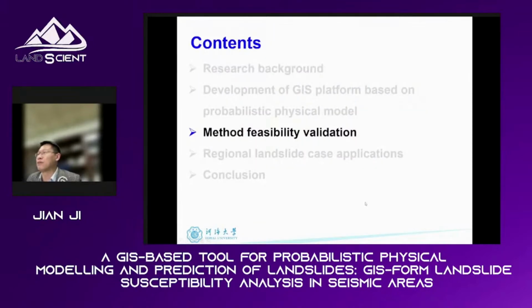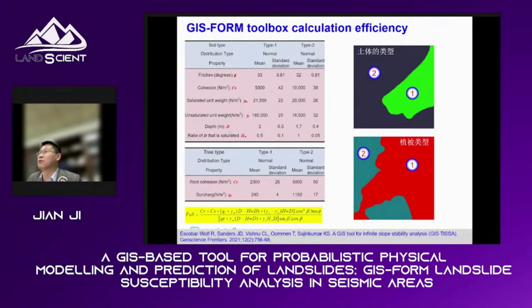And let's look at our method's feasibility and some validation. These are the inputs. As an example, we consider some of the soil parameters to be random variables. They follow some statistical distribution like the normal distribution, with the mean value and the standard deviation of each parameter. These are usually basic information for slope stability statistics.